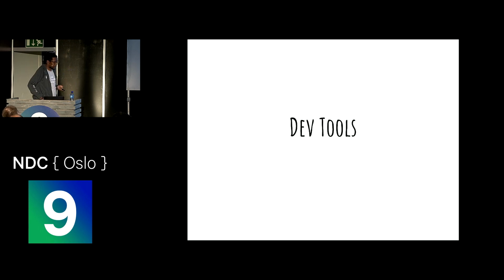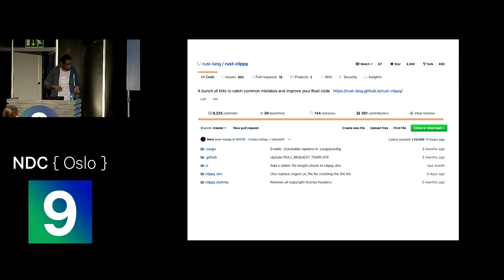We also have some dev tooling that is really good in Rust. So I'm going to just touch on a few. There is one called Rust Clippy. The idea here is that it's going to catch common mistakes and try to guide you to write better code. It's very easy to integrate with IDEs.